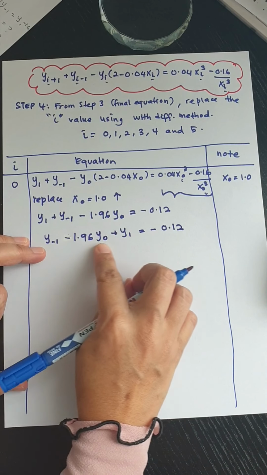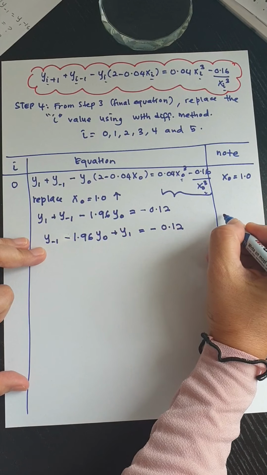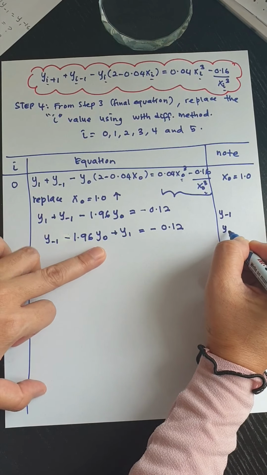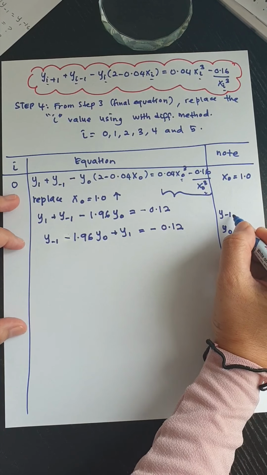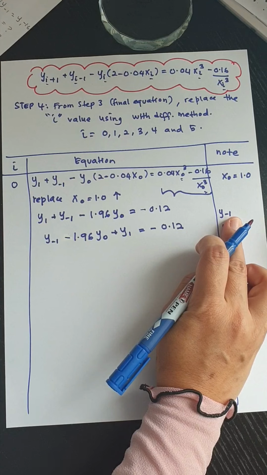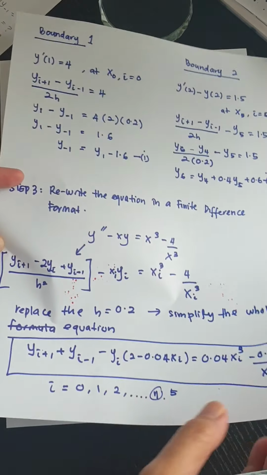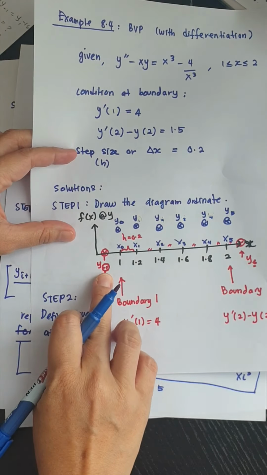Over here you list down all the y's that you have on the node column. So you have y negative 1, you have y0, and also you have y1. From here you have to go back to your boundary, because y negative 1 is your boundary. It's the derivation at the boundary here.